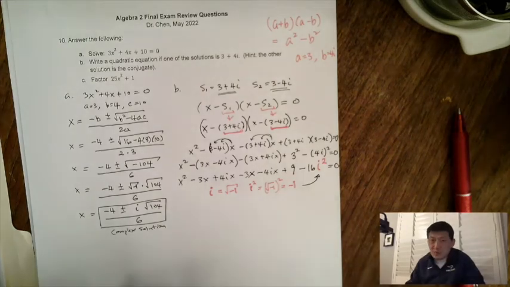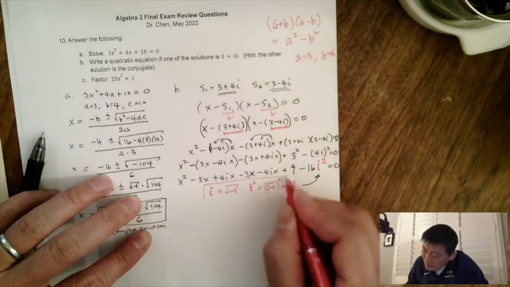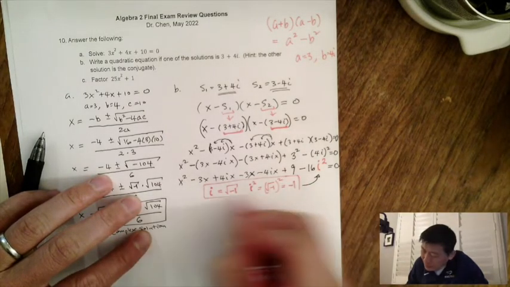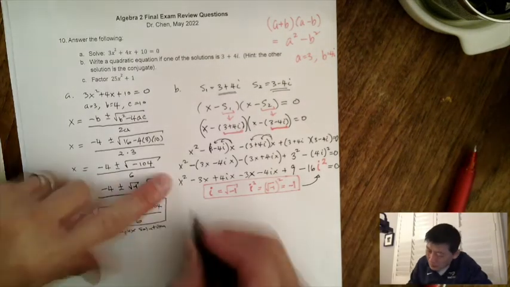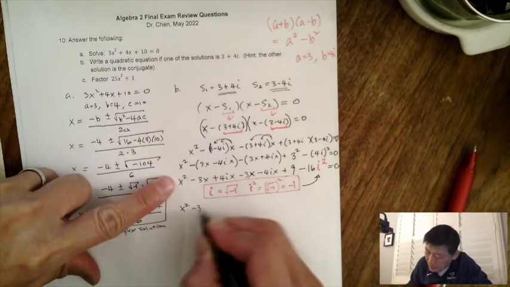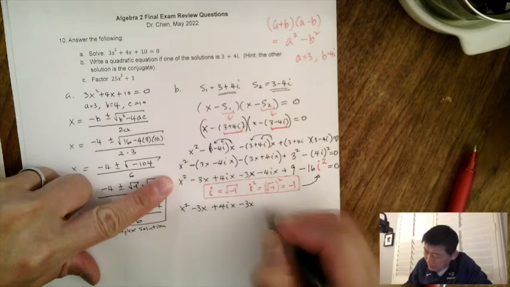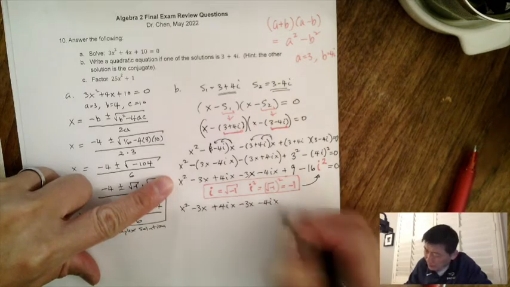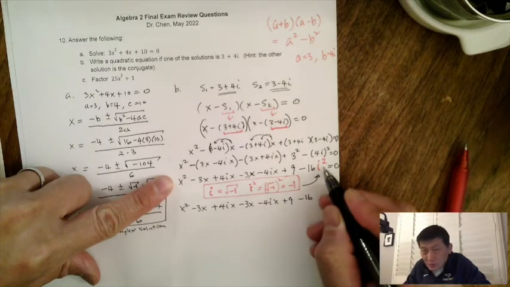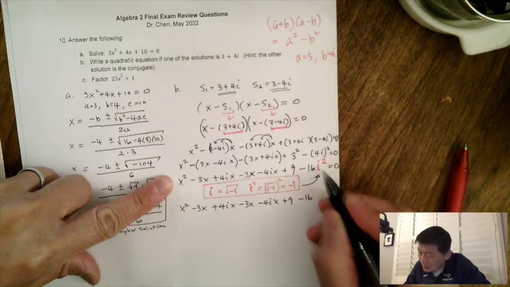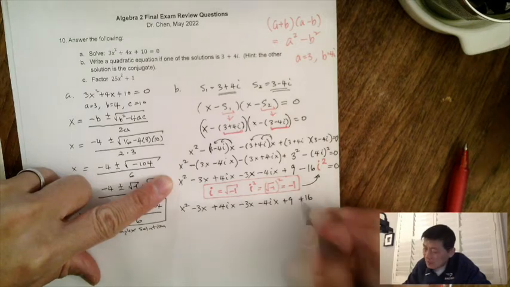Okay? So this is an important point because this is the foundational steps for understanding imaginary numbers, right? This is a review part. Okay? So now x squared minus 3x plus 4ix minus 3x minus 4ix plus 9 minus 16. i squared becomes -1, but -1 times -16 becomes positive 16, equal to 0.